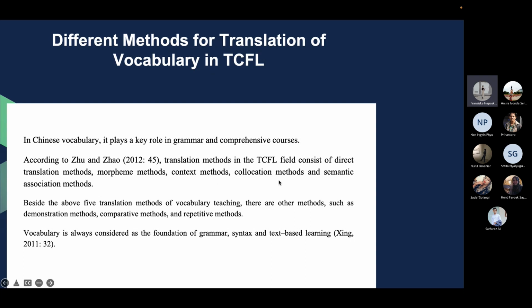And then the collocation method refers to the fixed usage of certain Chinese words, and it is also based on Chinese grammar.